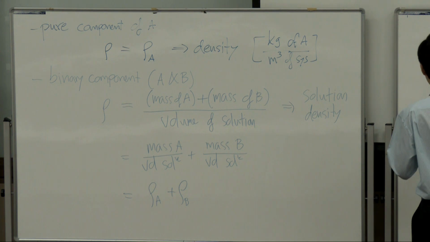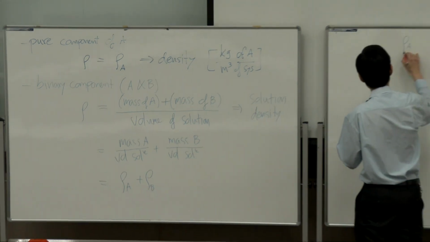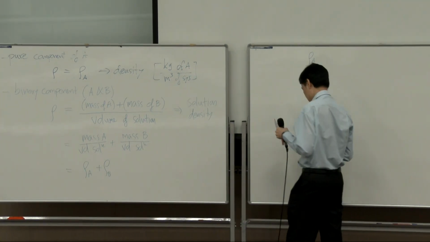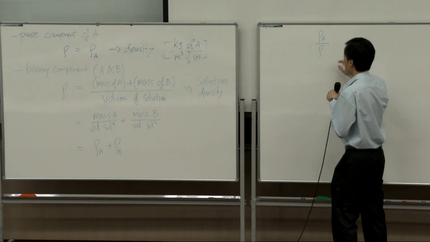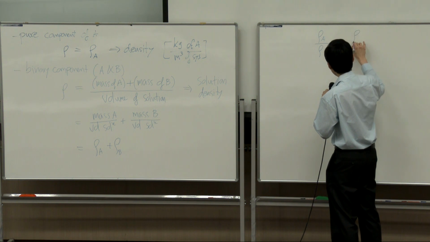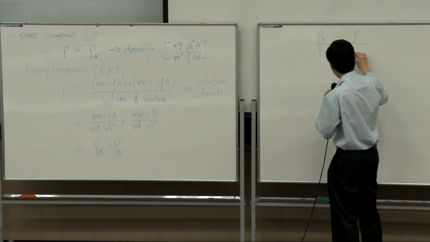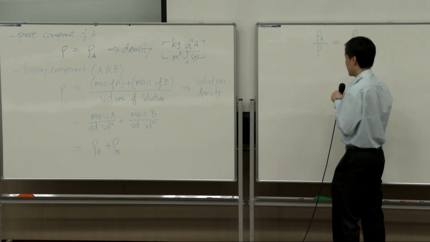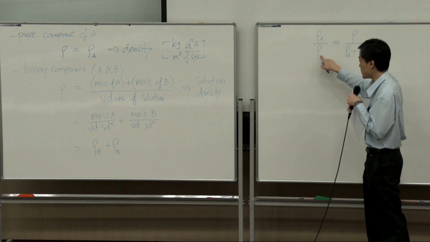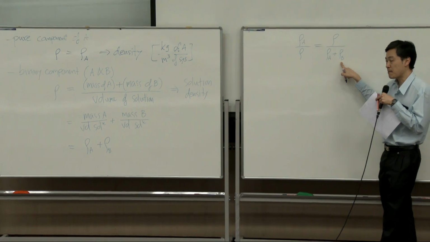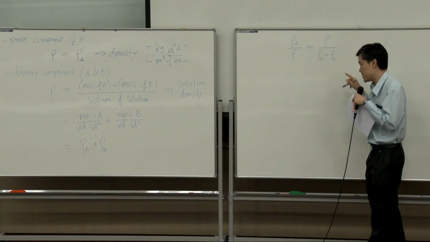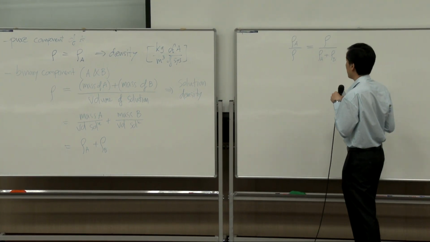Now, if I take rho A divided by rho, that's basically equal to rho A divided by rho A plus rho B. According to that, total concentration is equal to the summation of the mass concentration of each species. All right?